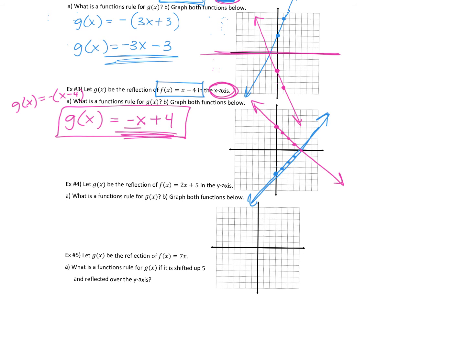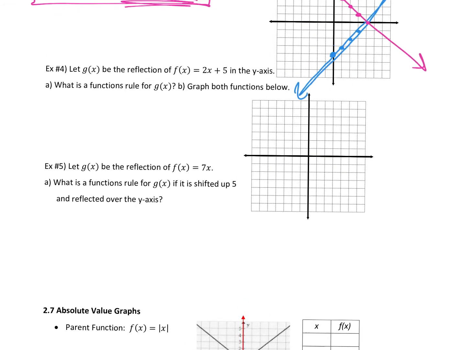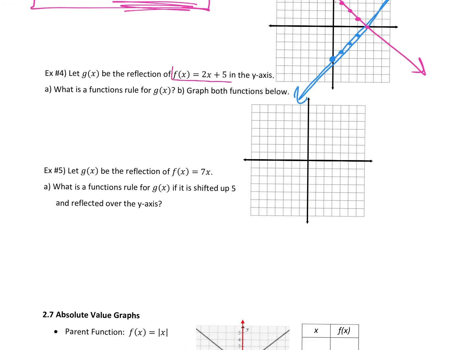Okay, you try number 4 for me. It says, let g of x be the reflection of this equation in the y-axis. Write that equation. What's the new equation going to be?